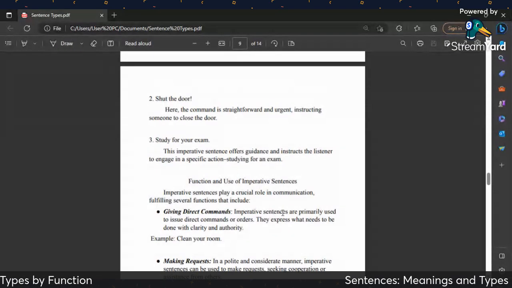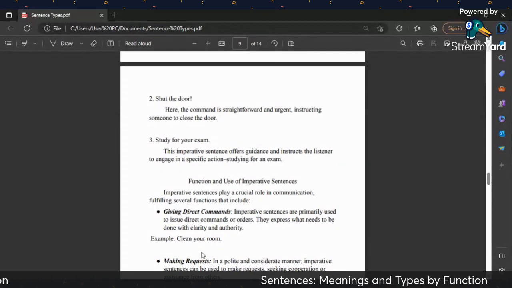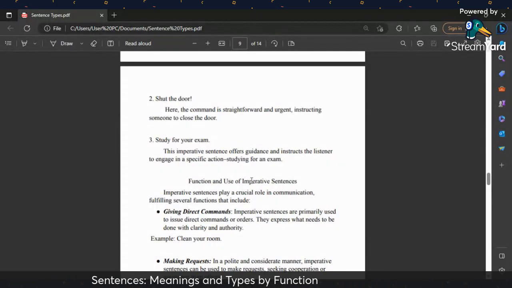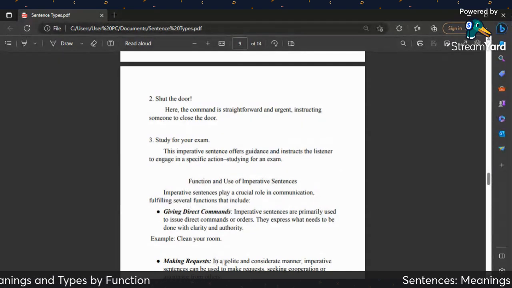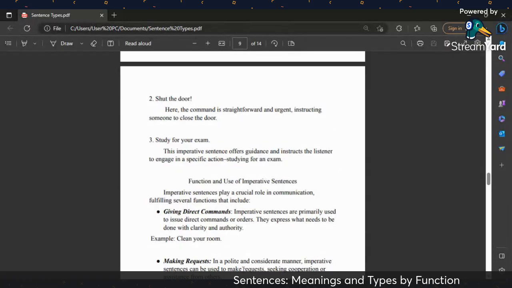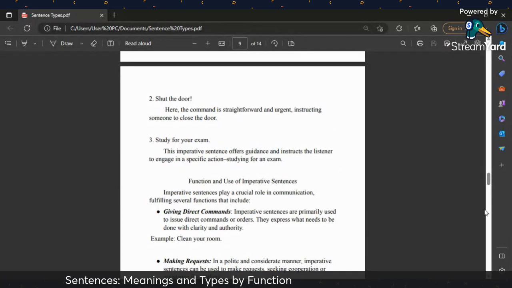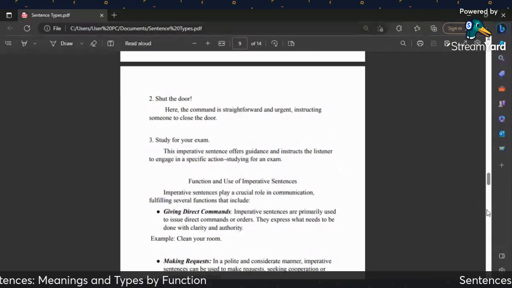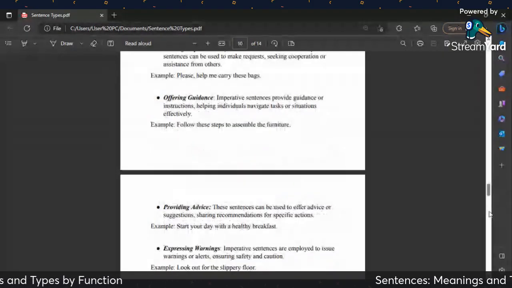Making requests, that's another function of the imperative sentence. In a polite and considerate manner, imperative sentences can be used to make requests, seeking cooperation or assistance from others. For example, please help me carry these bags, or please help me out.